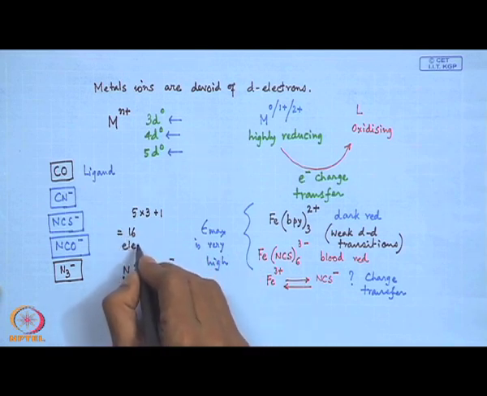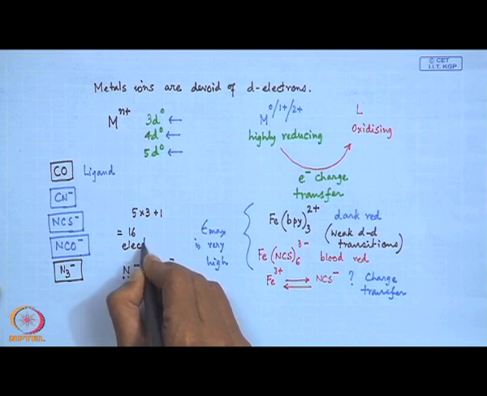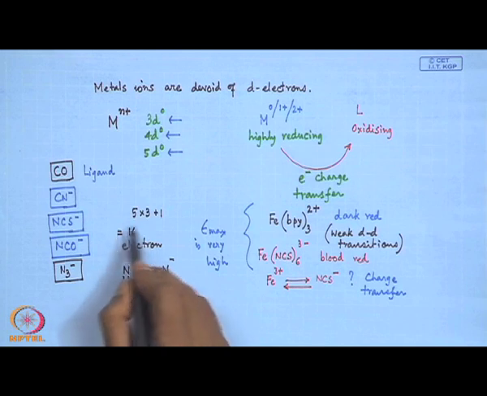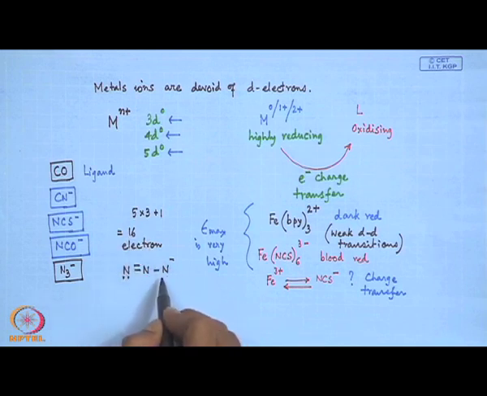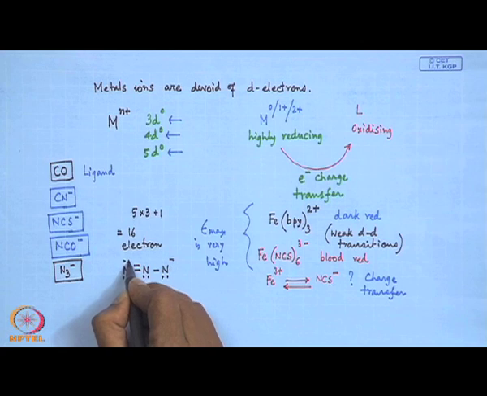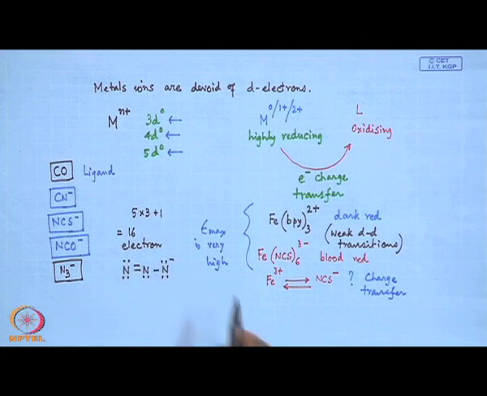So, it is a 16 electron system. Altogether we can have 8 pairs of electrons, whether they are bond pairs or lone pairs. So, we will have all these: 3, 4, 5, 6, 7, 8. Something like this, and we can have the charge also.